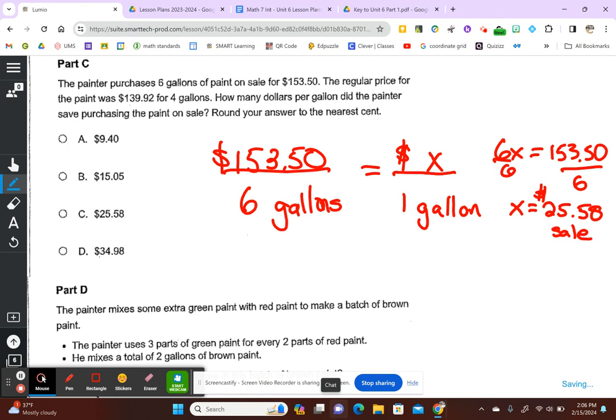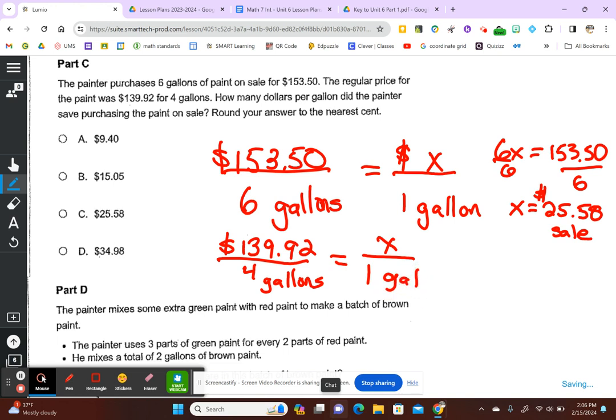Now, the normal price or the regular price is you pay $139.92 for 4 gallons. So how much do you pay per 1 gallon? And I have to say 4X equals 139.92, and X equals $34.98.